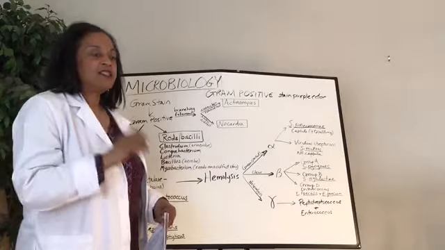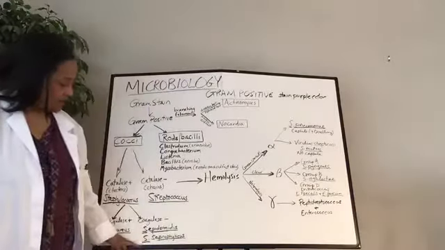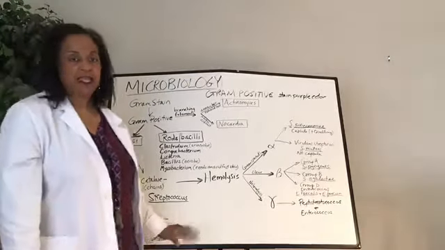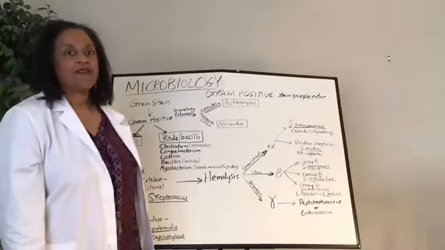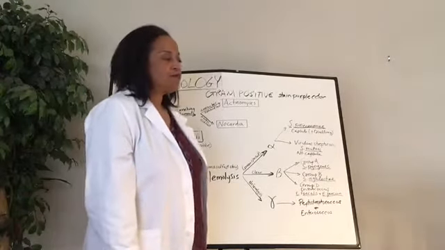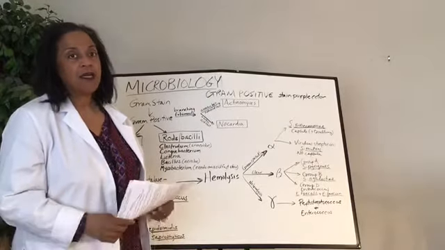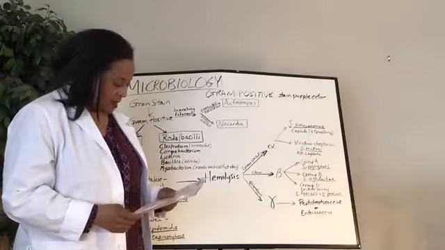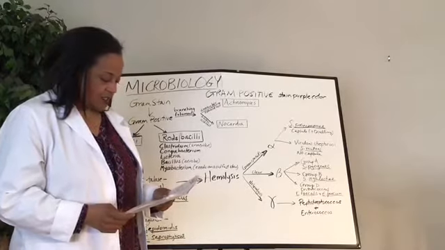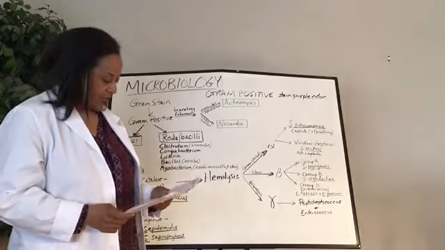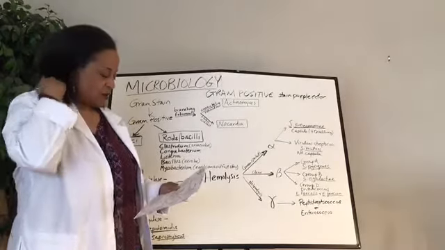And this one, Staph saprophyticus, is second in causing urinary tract infections in young sexually active women. I could say adolescent females as well.